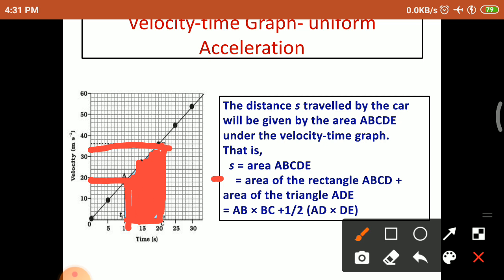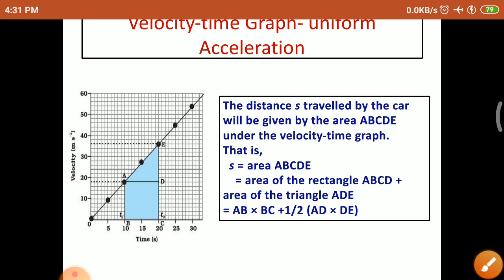So how to calculate the value of this distance? The total area is ABCDE. I drew a perpendicular line here, so this is a triangle and this is a rectangle.